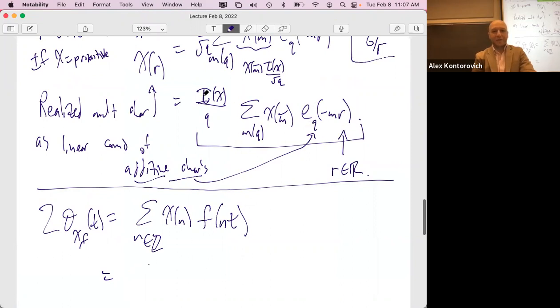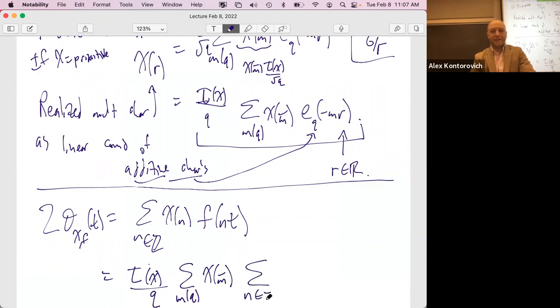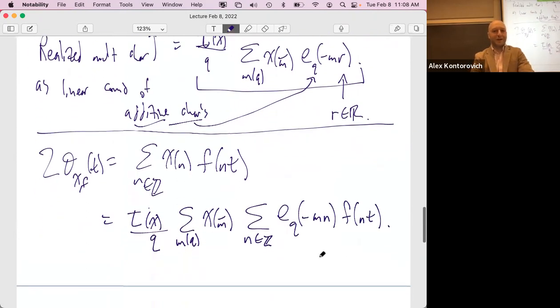So it's tau of chi over q, a sum over m mod q, which is just a finite sum, of chi of m bar, and then we have a sum over n in Z of e to the minus 2 pi i m n times f of nt. So I just put in the definition of chi, and I swap the sums.